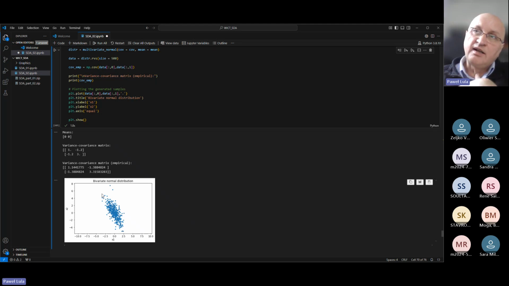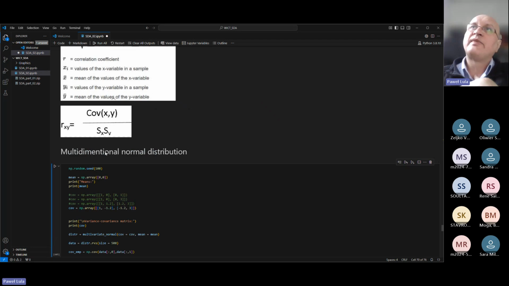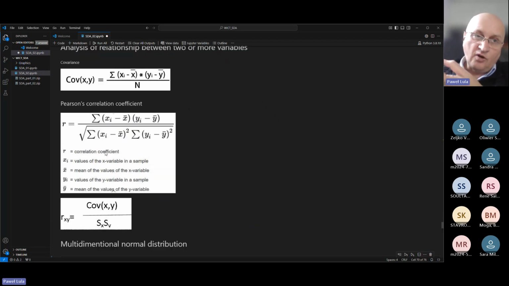And the general position of these points is presented here. In this case, covariance is negative. We see that the covariance is very useful when we want to describe relationships between values of two variables.